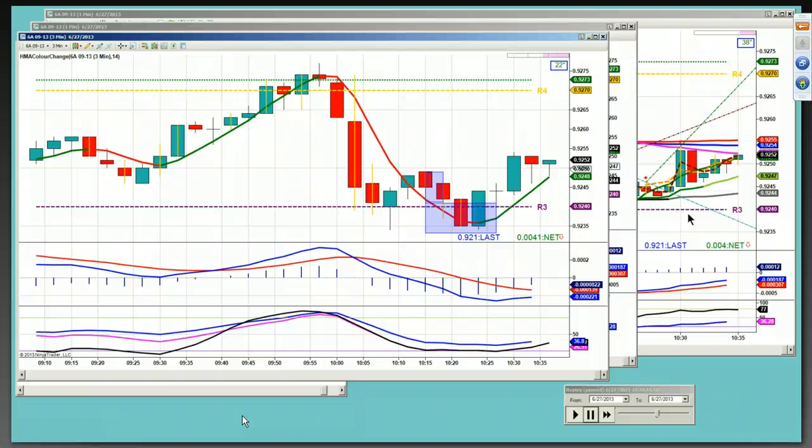Less is always more. So the only indicator we're talking about right now that you should be looking at is this HMA color change trend line, the red and green line. That's all you should be looking at.